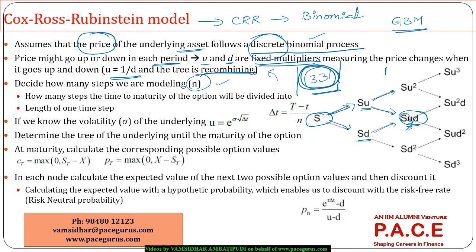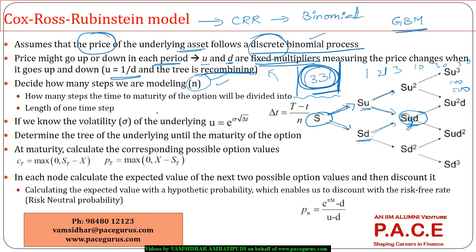Now, how many intervals do I want to break this maturity period into? Do I want it 1, 2, 3, 10, 30, 50, 100, 500? So that is the number of steps. I really need to understand into how many divisions I need to break the time to maturity.